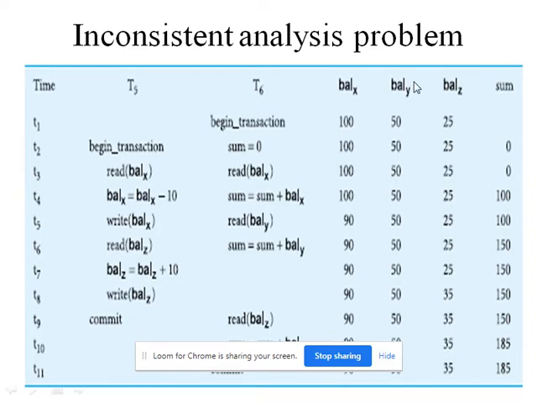T5 also started at time T2, and at time T3 both the transactions T5 and T6 read the balance of X.